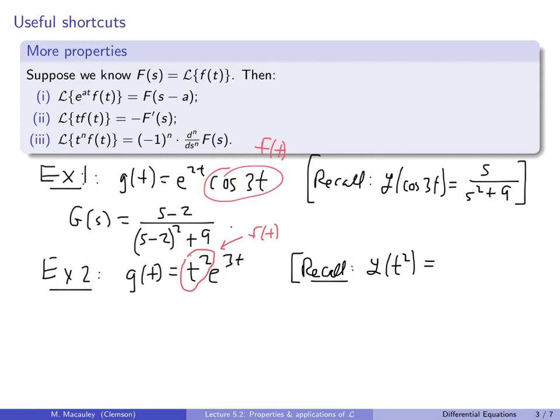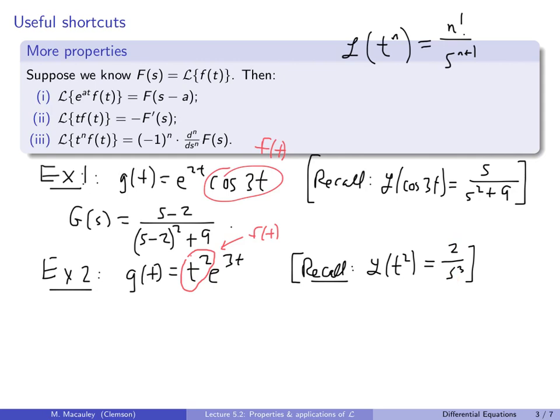It's 2 over s cubed. And in general, do you remember the formula for the Laplace transform of t to the n? It was n factorial over s to the n plus 1. So here we're just using this formula and plugging in n equals 2. So 2 factorial is 2, and we get s cubed.